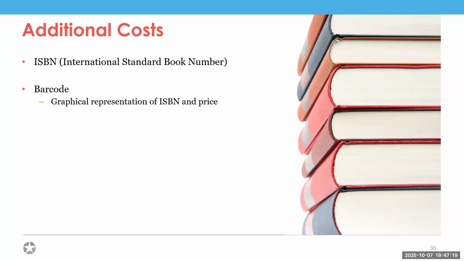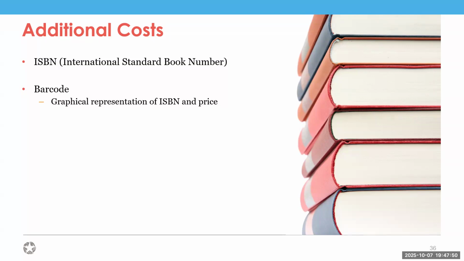The barcode, as the slide describes it, is the graphical representation of the ISBN and the price. If you want to get it in stores to a wider audience and you want to sell it online, wherever you want to sell it, besides just giving it away to family for gifts, you're going to need a barcode that includes the price, because that's how places sell.